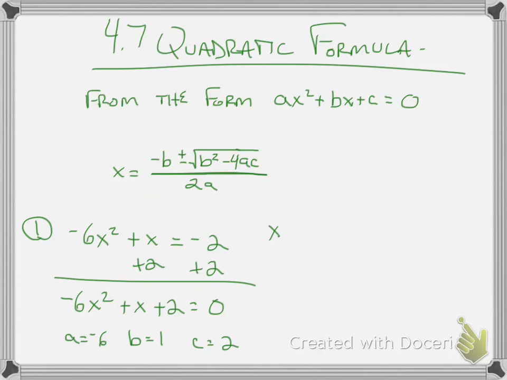And then I can go ahead and start to plug them in. The opposite of B, so that's going to be negative 1 plus or minus the square root of 1 squared minus 4 times negative 6 times positive 2 all over 2 times negative 6.